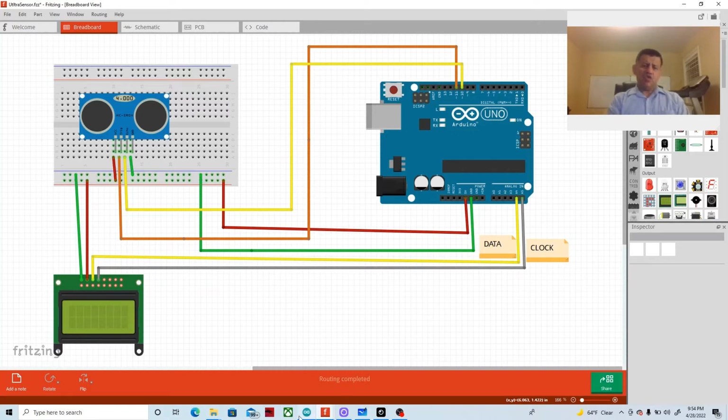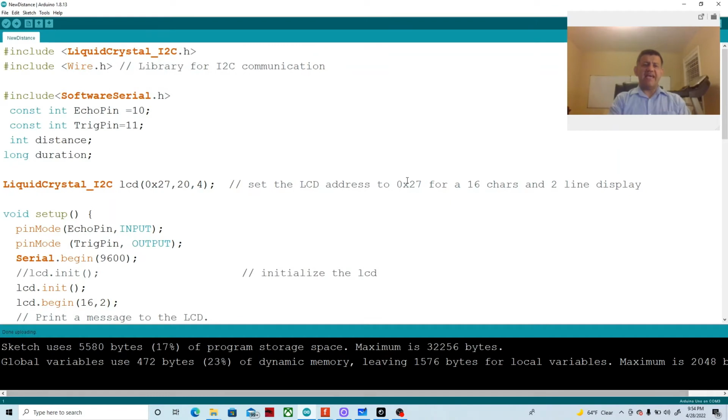The code for the Arduino is right here. It's the following. The Arduino microcontroller takes libraries, so it's similar to C and C++. As a matter of fact, this IDE was developed on C and C++.